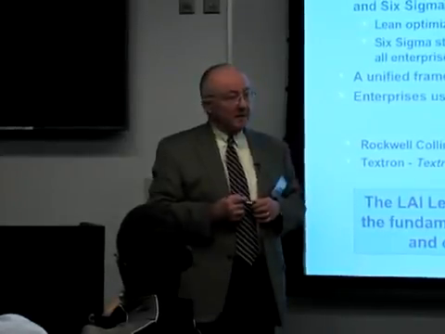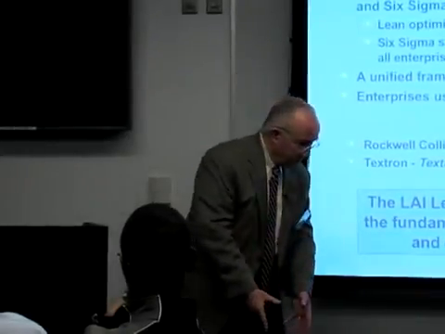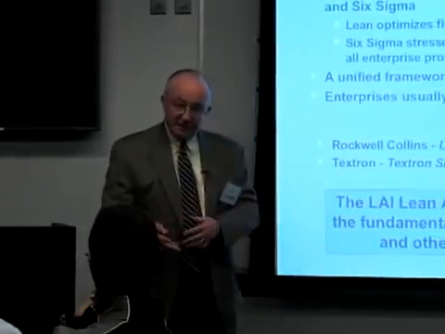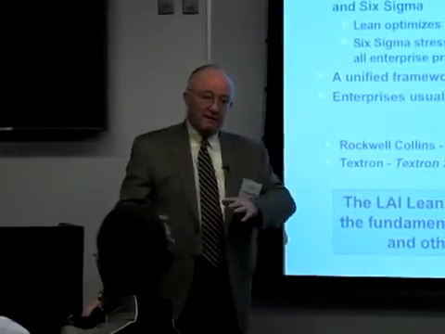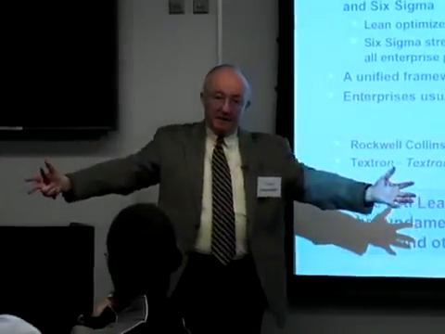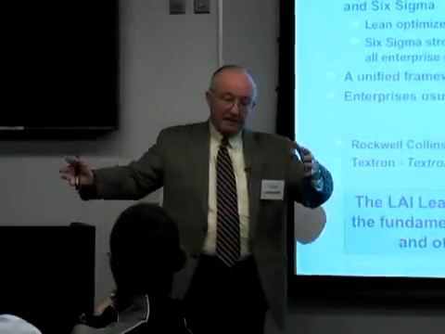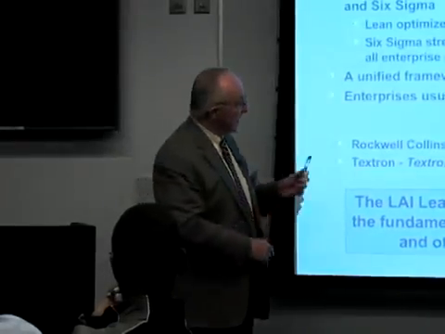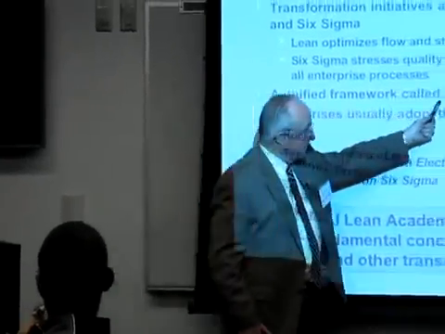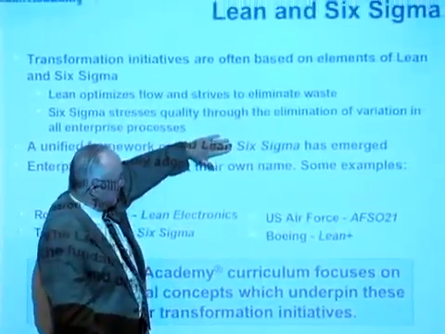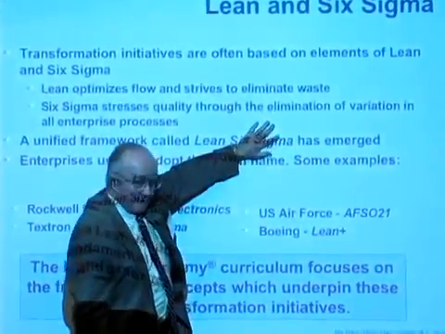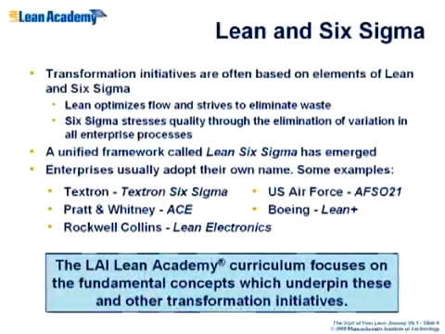The idea being that if the basic quality problem is something that we can apply Six Sigma methods to, it makes sense. But quite often, in the big picture, the flow is all mixed up, and therefore we're concentrating on limiting the waste in the flow. So there's a lot of companies, General Electric, for example, that instead of a pure Six Sigma, or instead of a pure lean, have in fact merged those two.